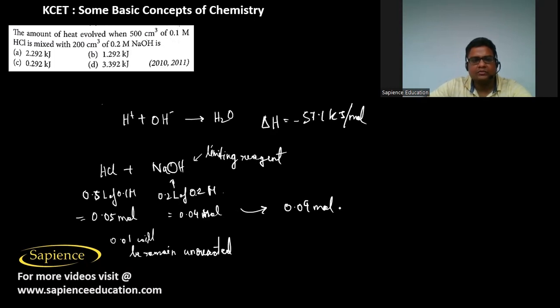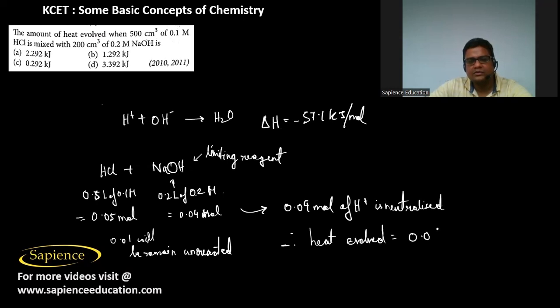So 0.04 mole of H plus is neutralized by 0.04 mole of hydroxyl ion. Therefore, the amount of heat evolved is equal to 0.04 into 57.1 kilojoule. 4 ones are 4, 4 sevens are 28, 4 fives are 20.